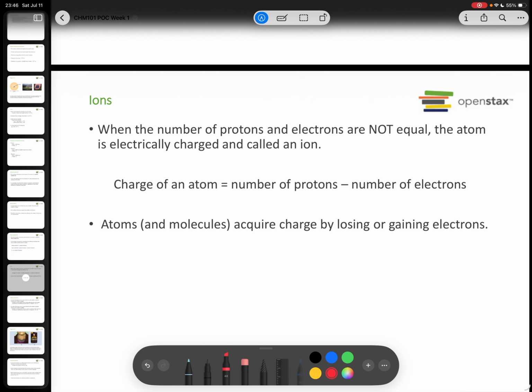Ito yung kanina na-mention na in ordinary chemical change, the number of protons does not change, okay? Kasi pag binago mo yung number of protons, anong mangyayari ulit? Bagong element na siya, no? Hindi na siya yung same element kanina na originally. Okay.